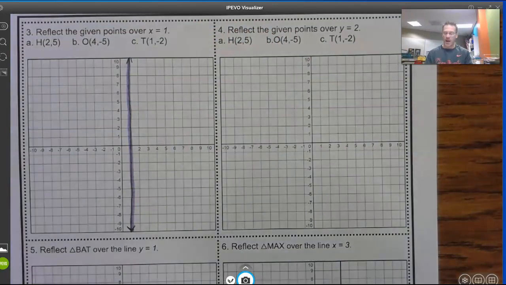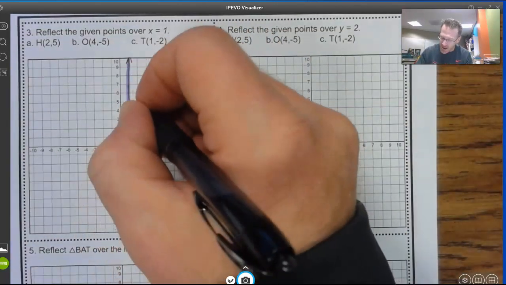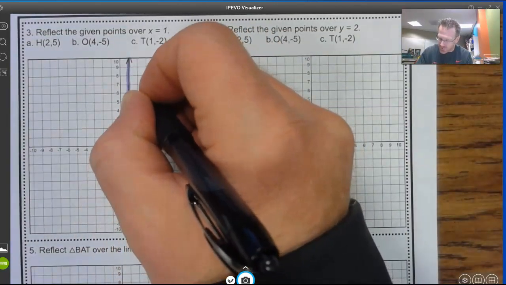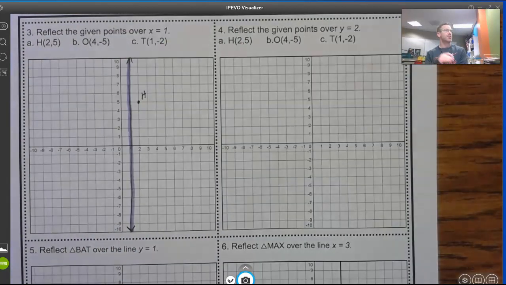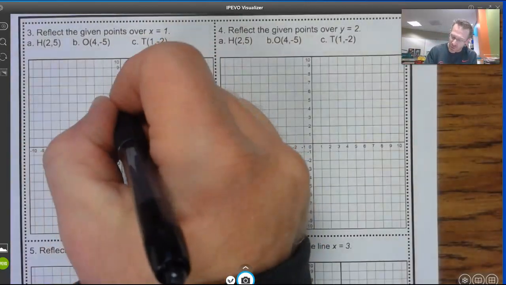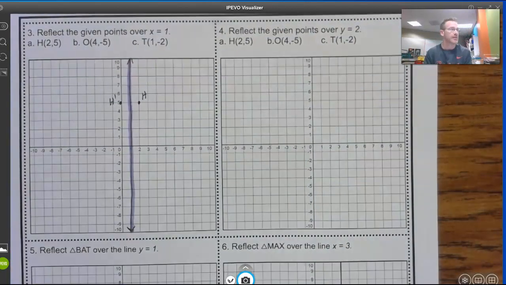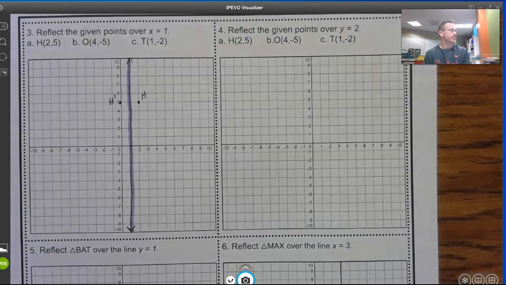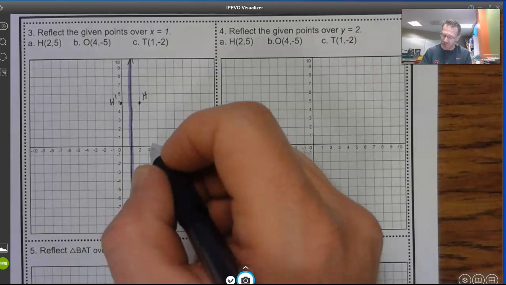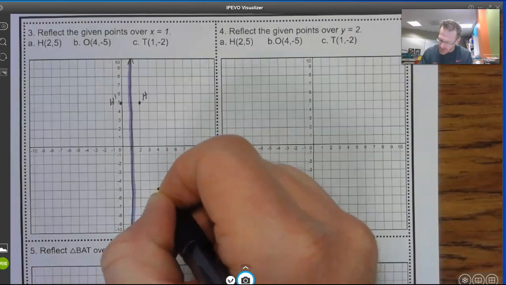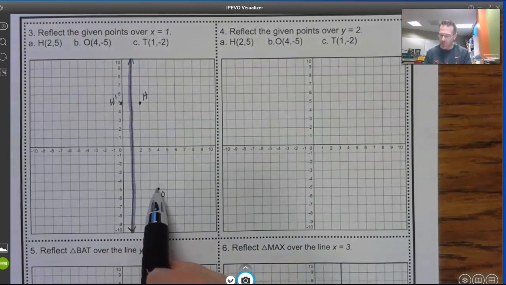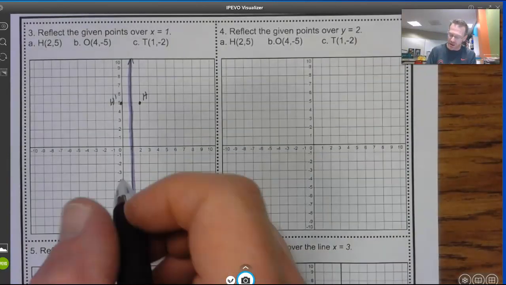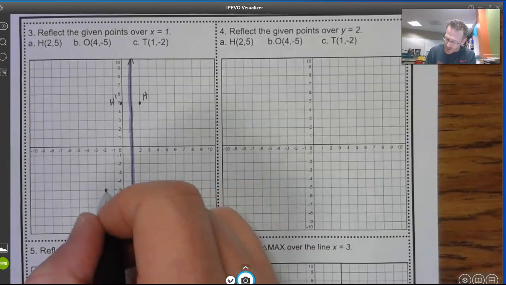H is (2, 5), so right here. Notice H is 1 to the right, so H prime has to be 1 to the left, just like that. O is (4, -5), so there's O. O is 3 units to the right, so O prime has to be 3 units to the left.